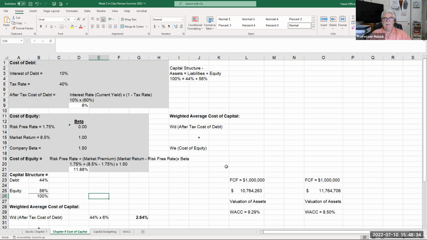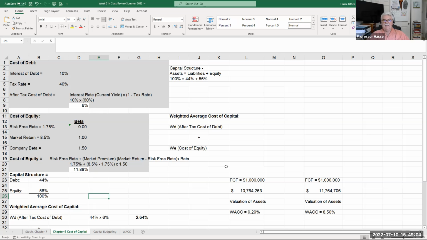And the capital structure is what percent of the assets are funded by interest-bearing debt and what percent of the assets are funded by stock and retained earnings. So as you see in this example, the capital structure of this company is 44% debt and 56% equity. It's got to equal 100. So that's our capital structure, which drives the weighted average.